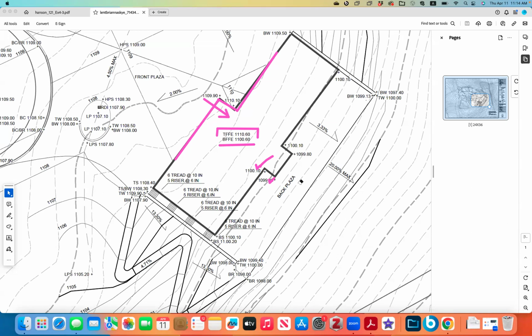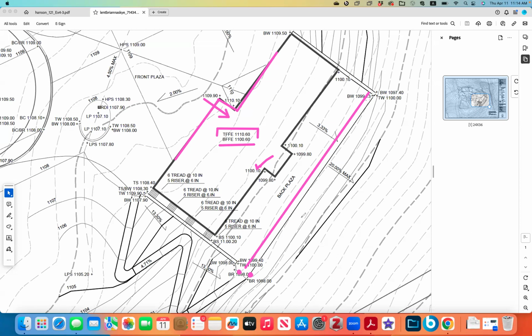Your next contour should be 1099, right? So somewhere here, you would have a 1099. And you need to calculate what this is, and what that is, the bottom of the ramp.